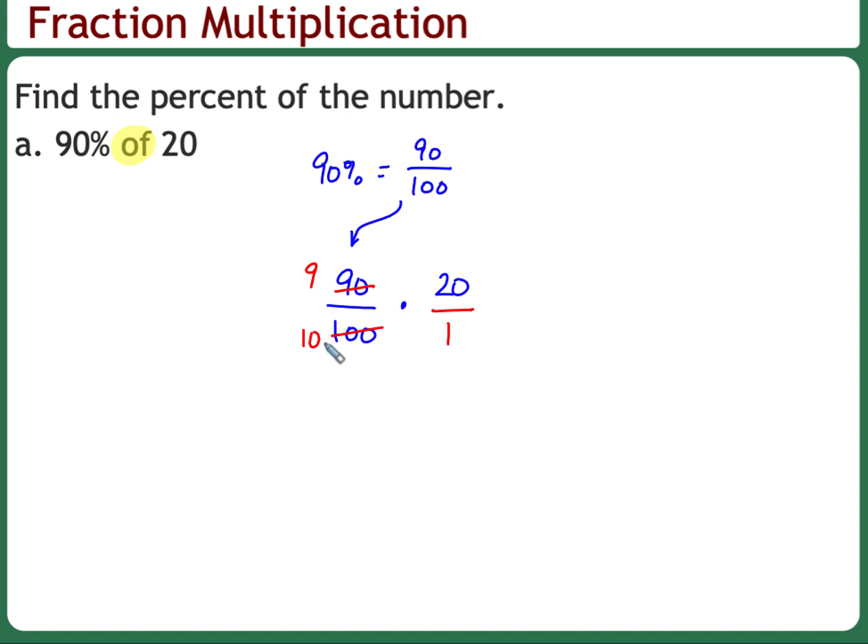And then I have this 20 and this 10, so those are both divisible by 10. So 10 divided by 10 is 1. 20 divided by 10 is 2. And now in the numerator I have 9 times 2. In the denominator 1 times 1, which gives me 18 over 1, which is 18, like we've gotten in our previous examples.